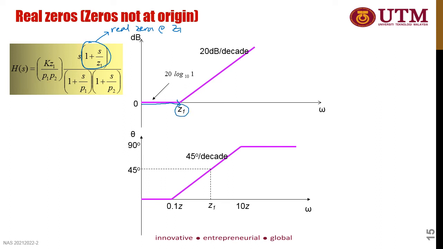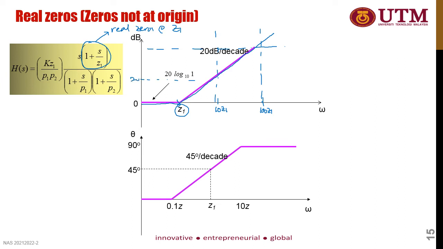Here is 0, for example Z1, the next decade is 10 times Z1, the next decade is 100 times Z1, and so on. From Z1 onwards, you'll have a positive 20 dB per decade line.